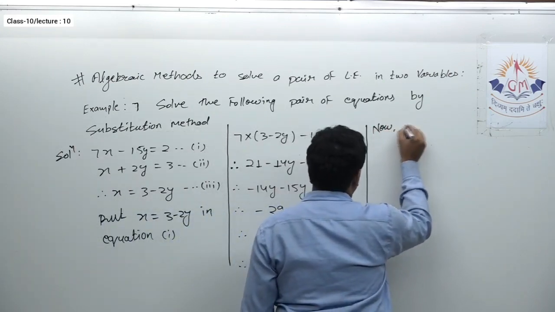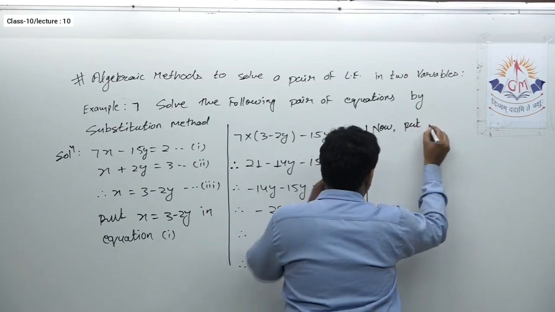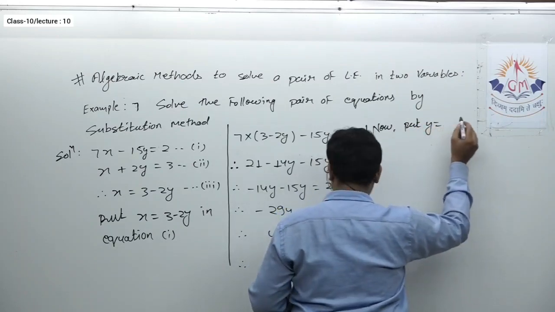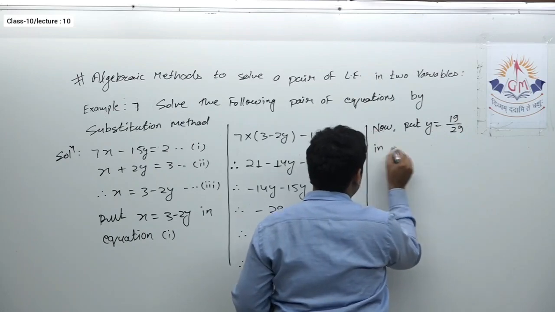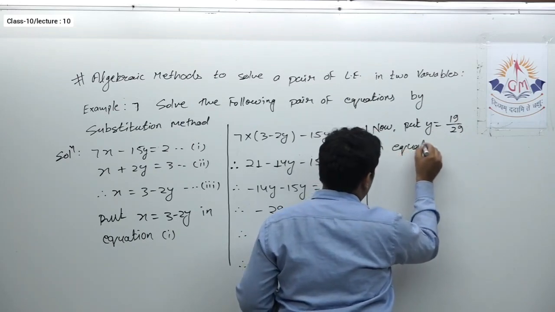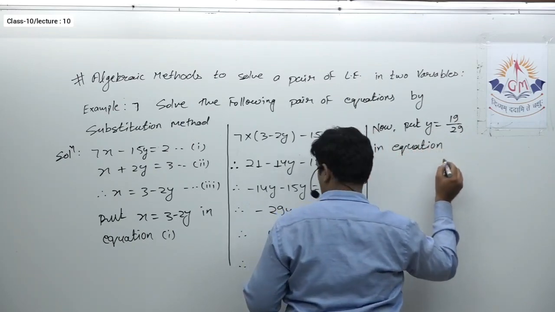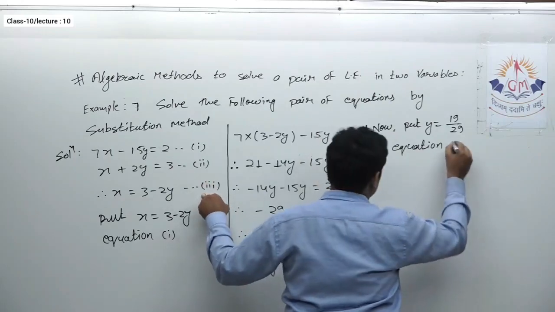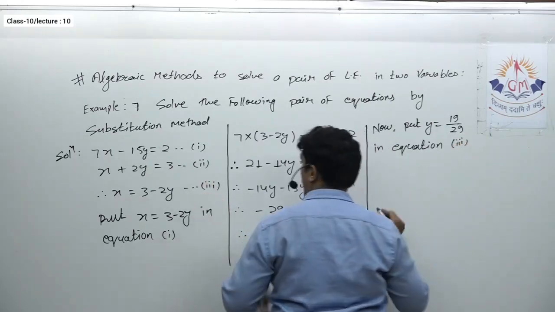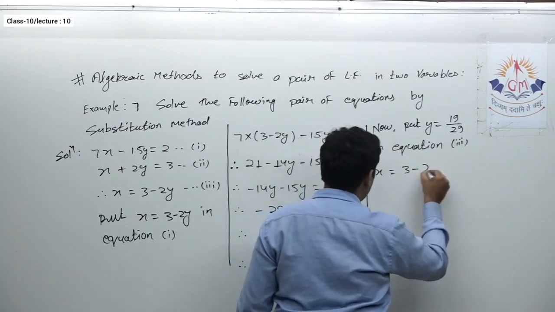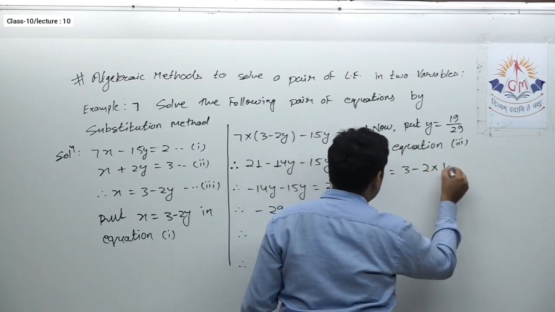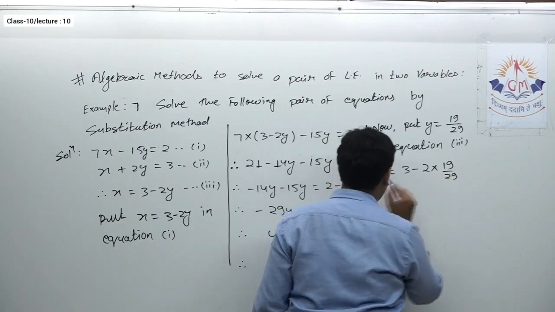Now put y is equal to 19 upon 29 in the equation. Okay, so x is equal to 3 minus 2 multiplied by 19 upon 29.